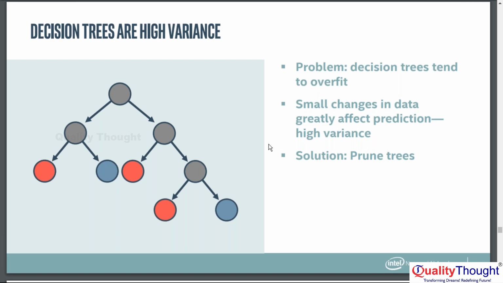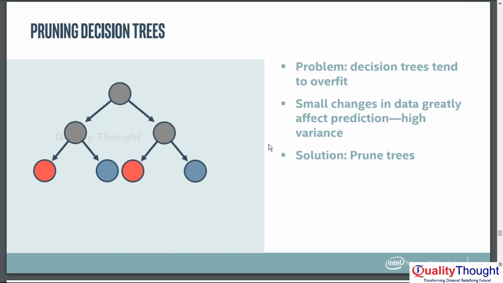Pruning is nothing but cutting short all the branches wherever they are not required. Cutting short the branches will give you more understanding of the current scenario. You see high variance whenever you have overfitting decision trees, because small changes in the data will affect the prediction results.